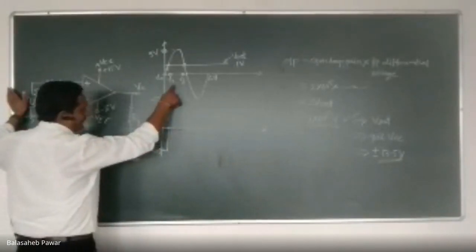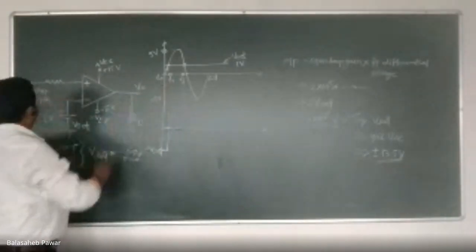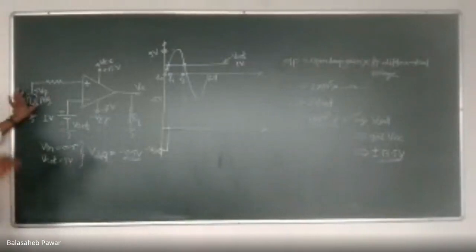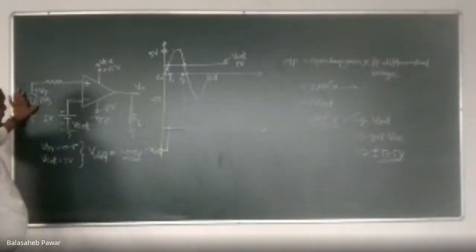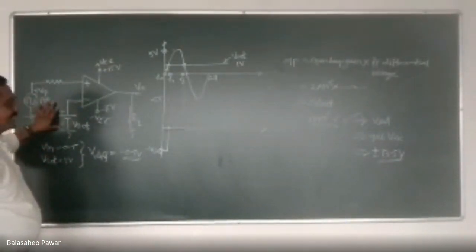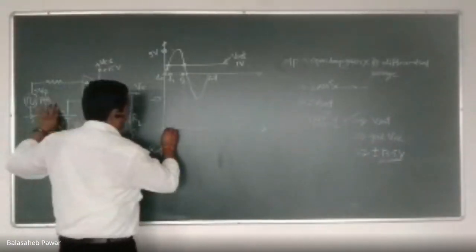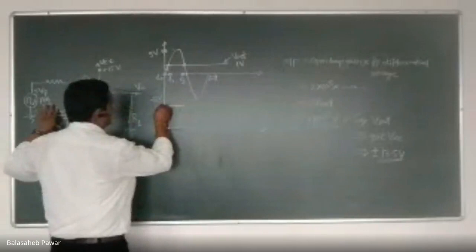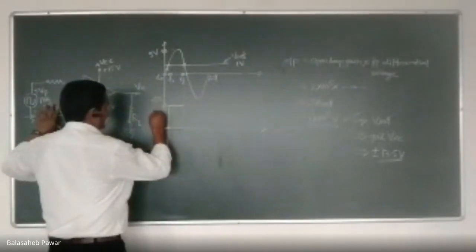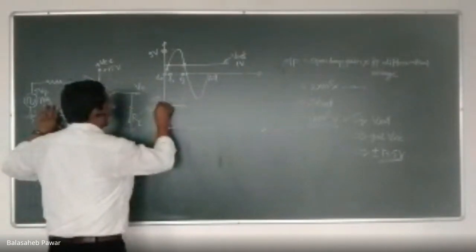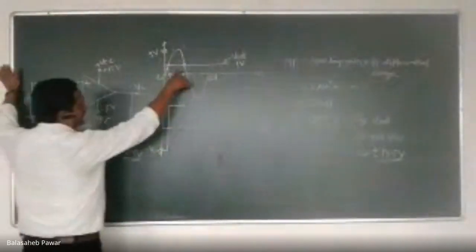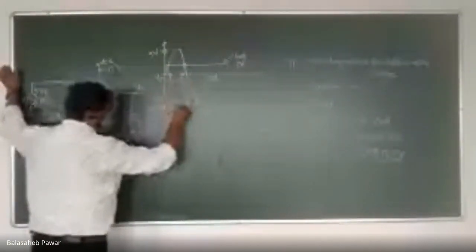And later on, after T1, the sine wave amplitude is more as compared to our reference voltage, and that's why the output will get switched to plus Vsat. Correct? Are you agree? Yes, sir. And it will remain plus Vsat up to T2.